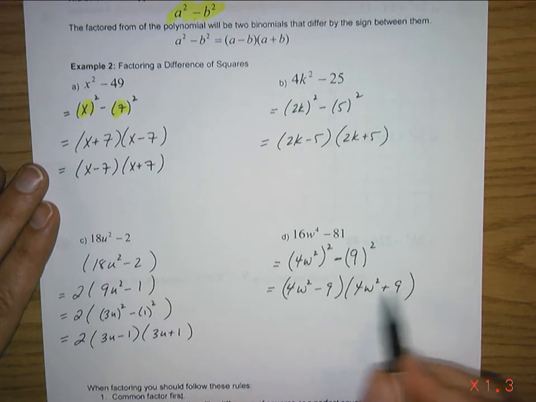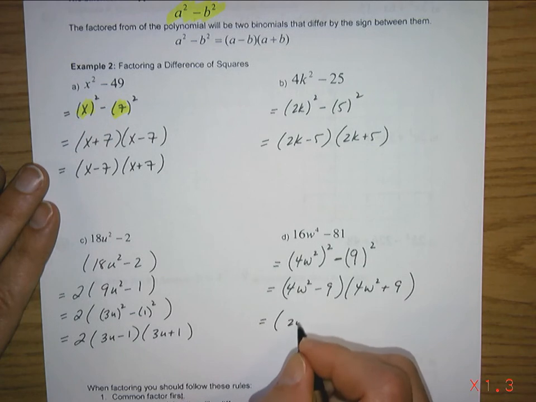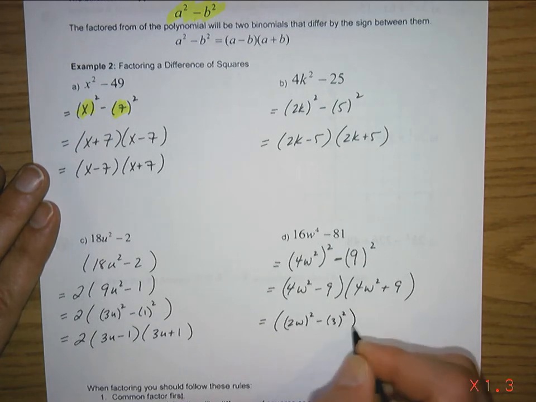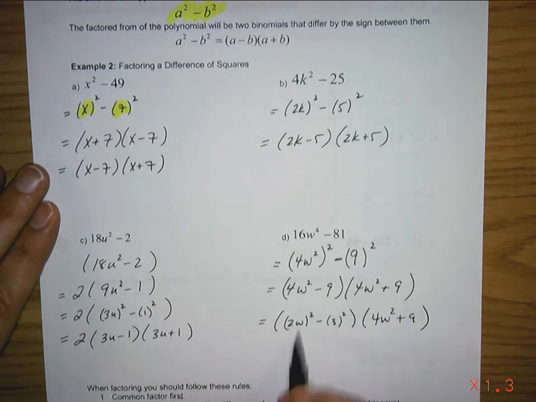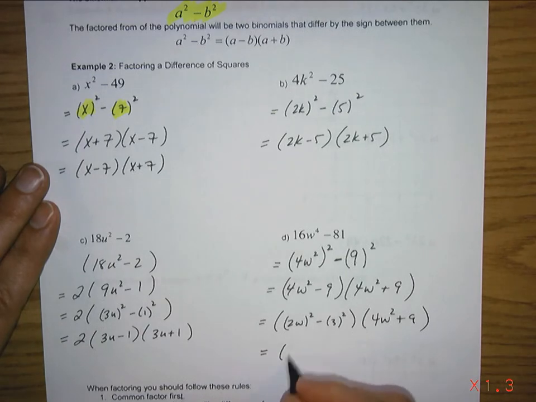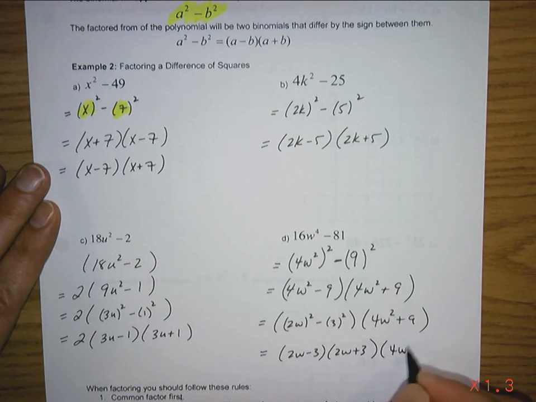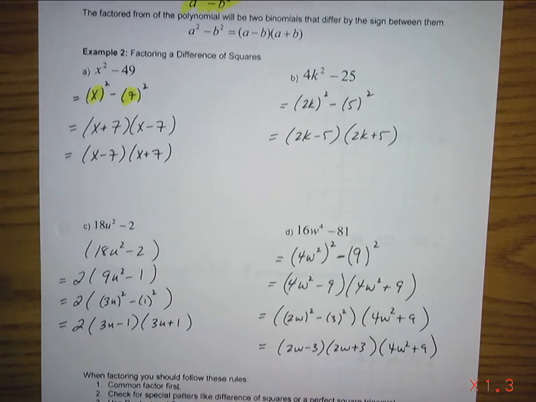There's nothing we can do with this. But this one could be written as 2w squared minus 3 squared. This one, there's nothing we can do with this. But this is now A, this is now B, and it becomes 2w minus 3, 2w plus 3, and you can't forget about the 4w squared plus 9. So that one kept going.